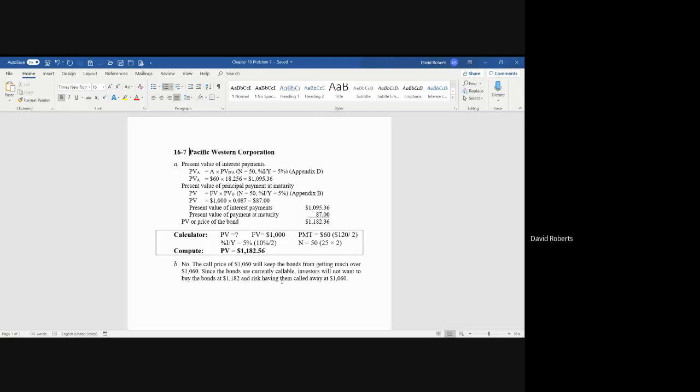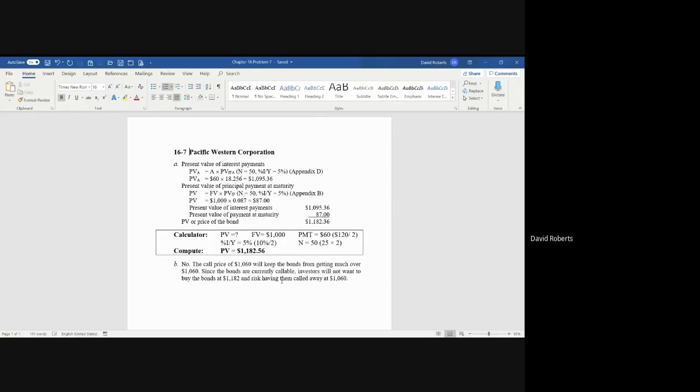And for every person who owns a $1,000 bond, the corporation will pay $1,060. So if the corporation's only going to pay me $1,060, and the corporation would have the right to do that, it's not like you can say, no, I'm not selling it to you for $1,060.